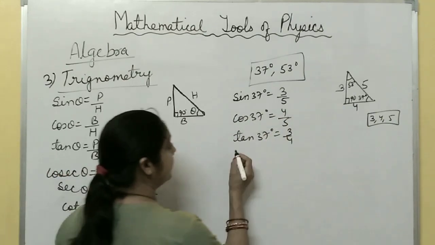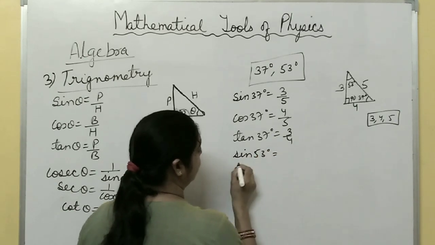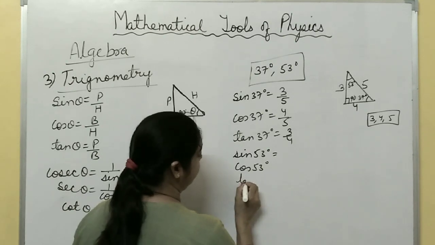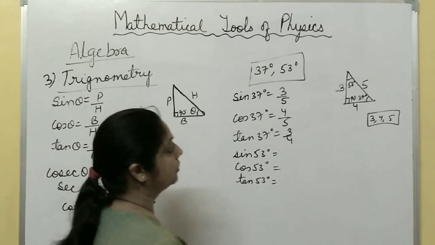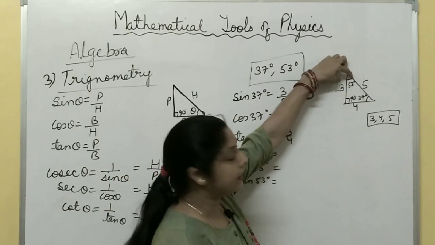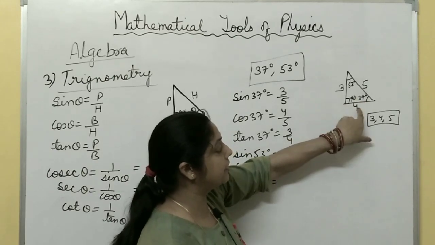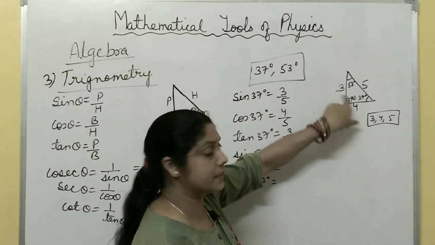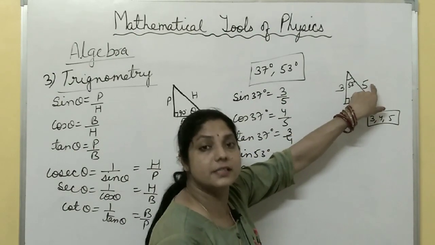In the same way, you can also find sine 53 degree, cos 53 degree, then tan 53 degree. For 53 degree, you have to take this angle as theta 53. So the side in front of this angle becomes perpendicular, and perpendicular by hypotenuse is sine theta.